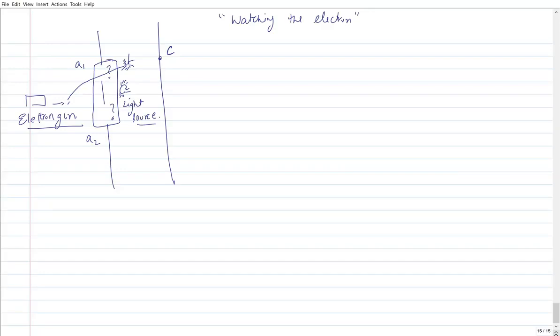Let's say I have a very bright light source and I am observing which of the two slits the electron is taking, either this one or this one. I'll get a flash of light. So now electrons are watched.